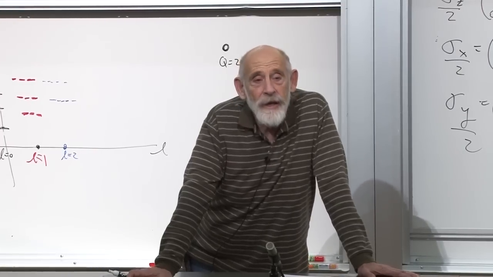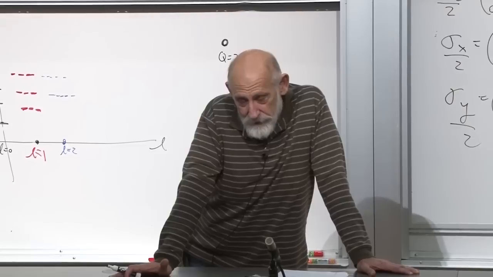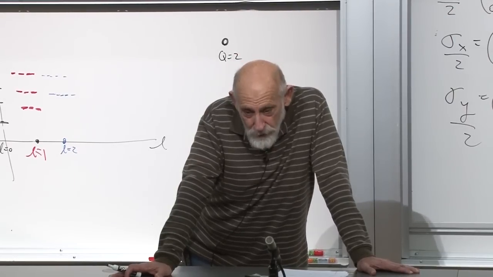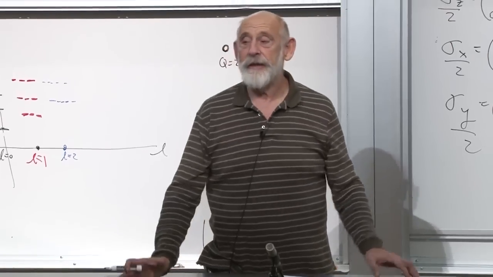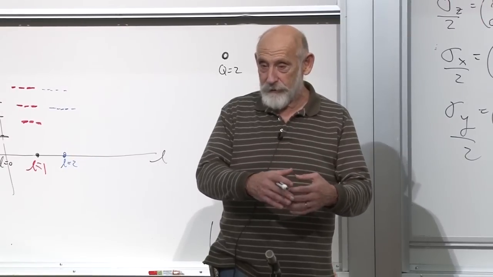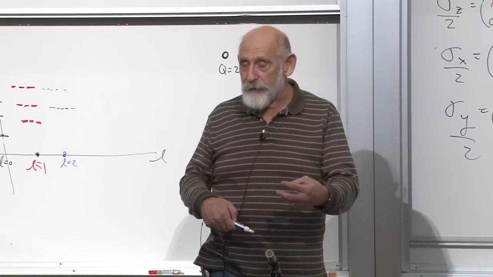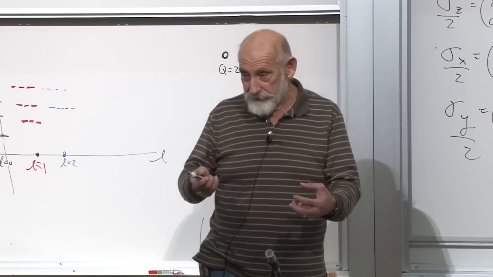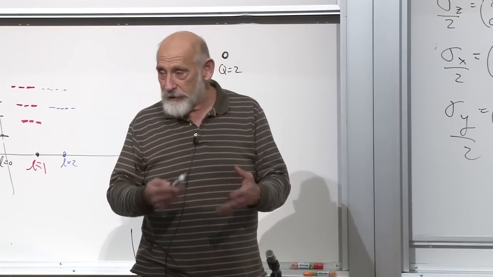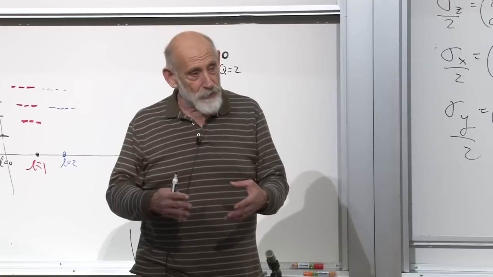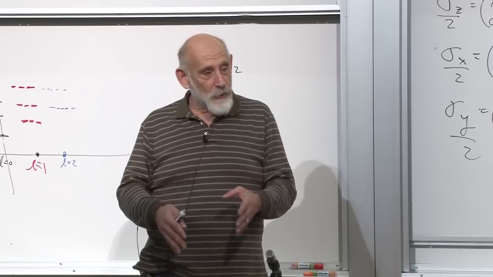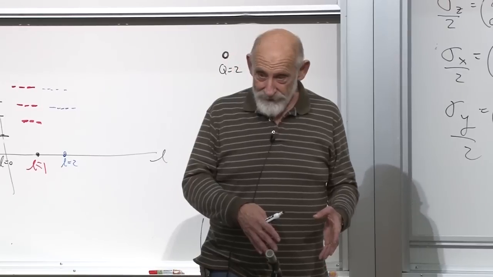And the reason is very simple. The more protons you have in the nucleus, the larger the charge. That tends to pull in the inner core of the electrons, the inner shells of the electrons. And what's left over, if you have, let's say, one valence electron, is one valence electron moving in what kind of field? The field that it's moving in is n protons and n minus 1 electrons.